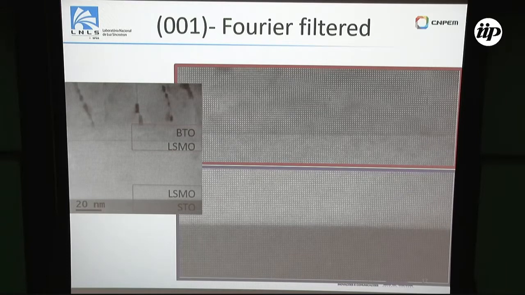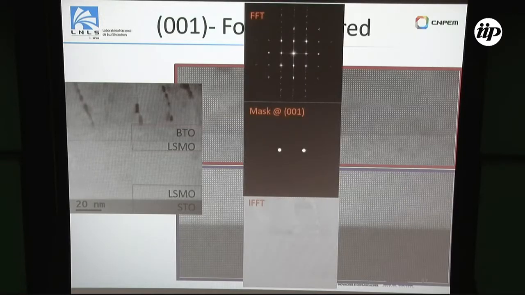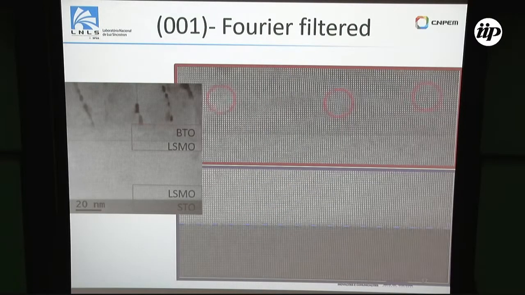And to show you better what happened a few nanometers after we start to grow the barium titanate, I performed a Fourier filter in the 100 direction. I did the Fourier transform of the image, and then I masked one direction and did the inverse Fourier transform to see what happened in the growth direction.